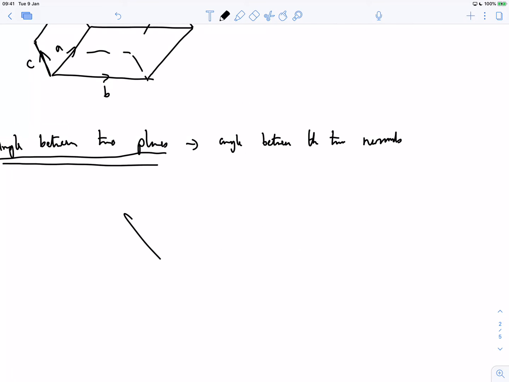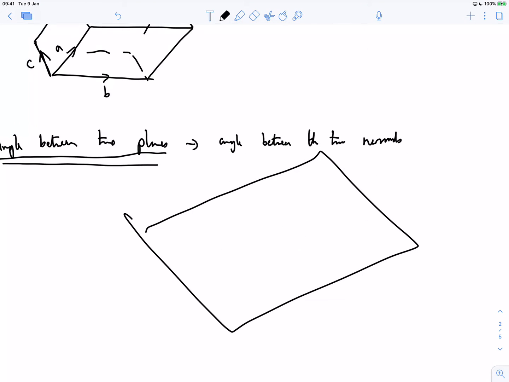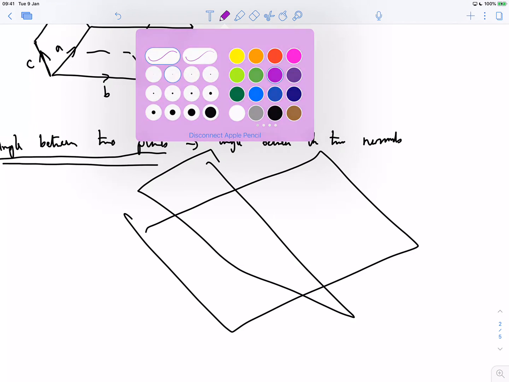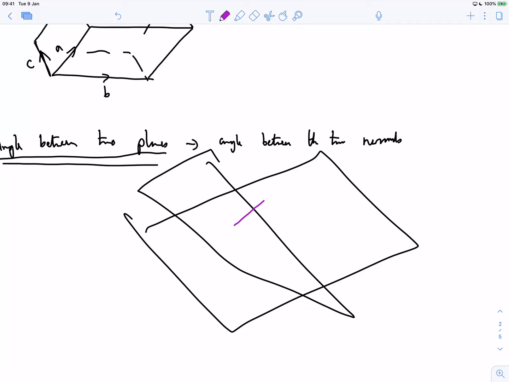So say, for example, I've got a sheet looking like this, and I've got another sheet kind of popping out like this, and they kind of intersect in a line. Then if I've got a normal of this sheet popping out like this, and the other normal, where it intersects with the sheet, popping out like this, then the angle between the two planes would just be the angle between the two normals.